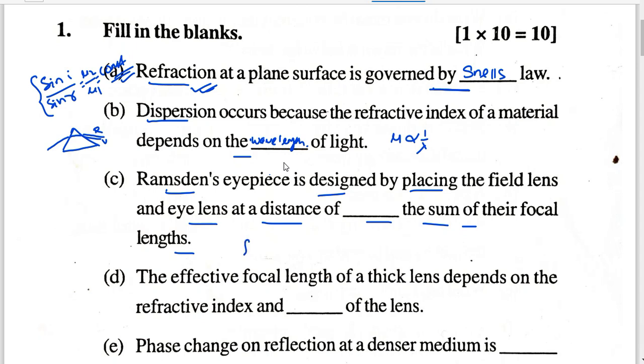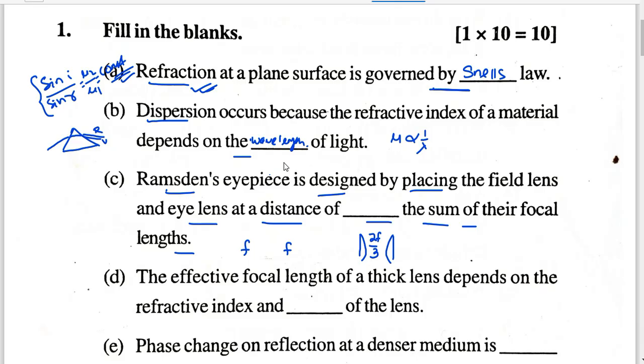Let's look at the figure. This is the Ramsden eyepiece, and the distance between the two lenses is 2f divided by 3, and f is the focal length of each lens.